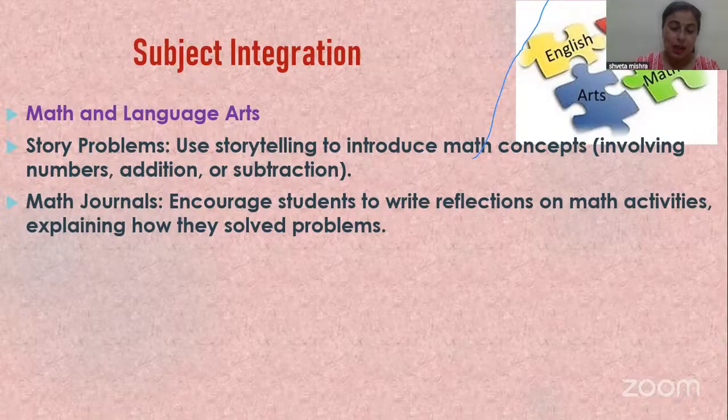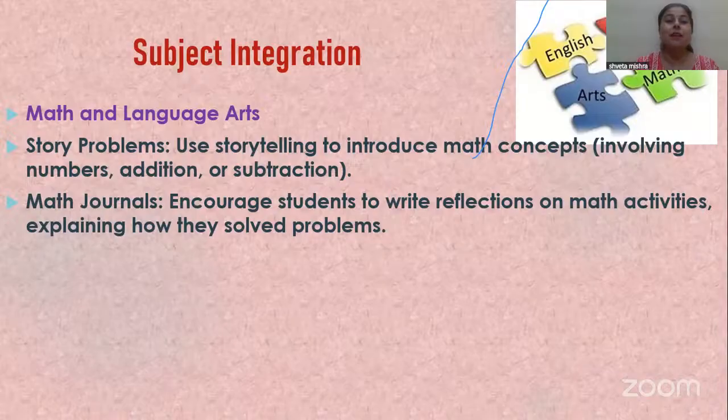So when the child tells about how he has solved and writes how he has solved, he is actually developing his language, expressing and giving words to whatever is coming in the mind. So this is how we can integrate language.